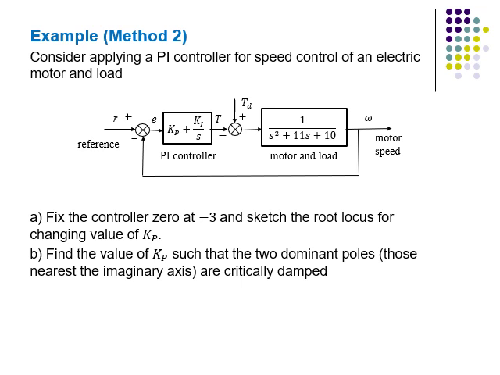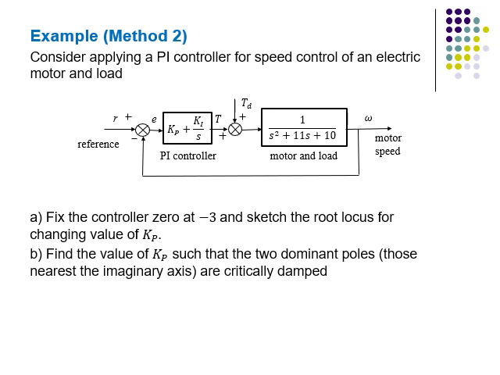The second example problem that we're going to do involves using method 2. Here we're applying a PI controller together with a system which is an electric motor with a load. Note that in this case the system is a second order system, so we cannot apply method 1, which is only suitable for first order systems.